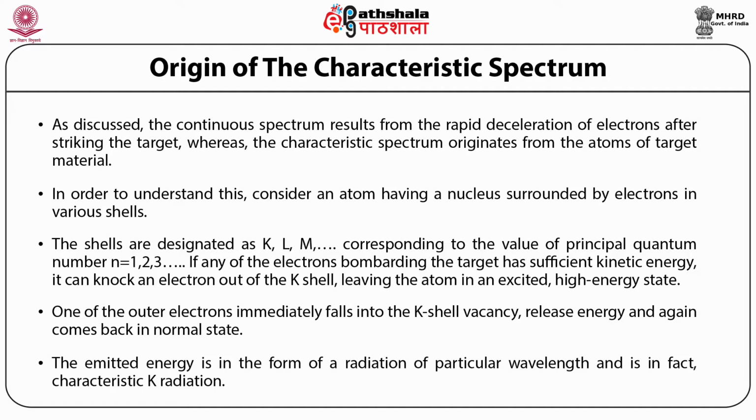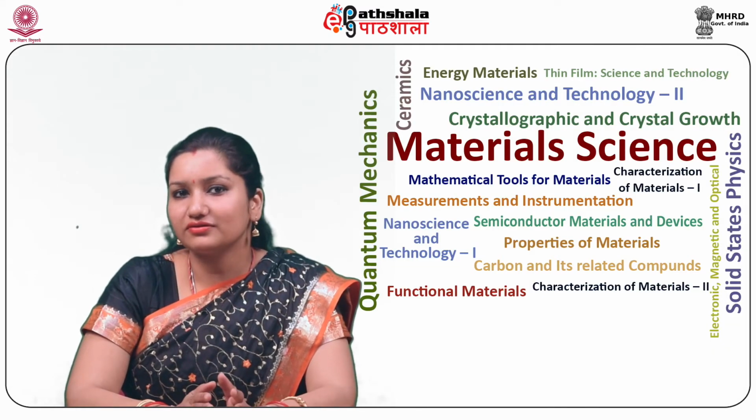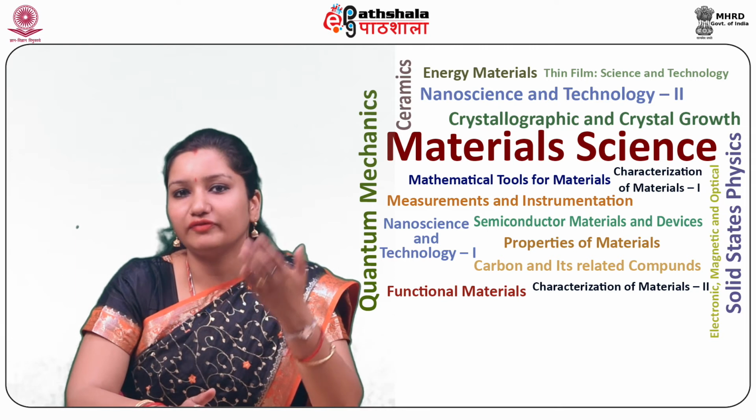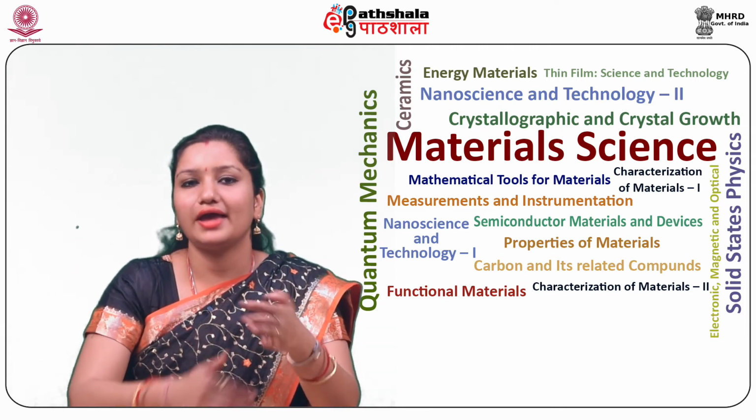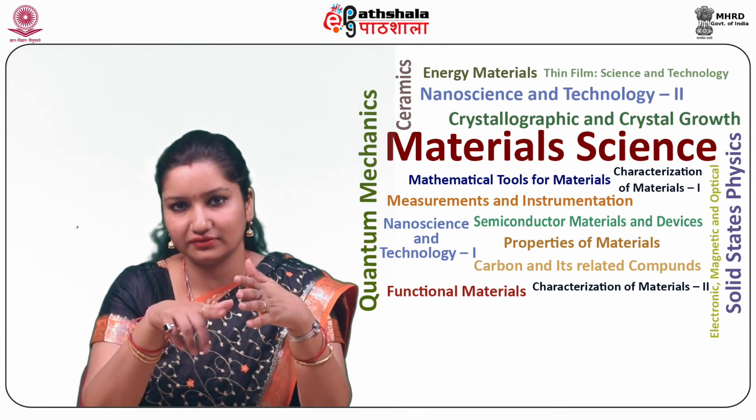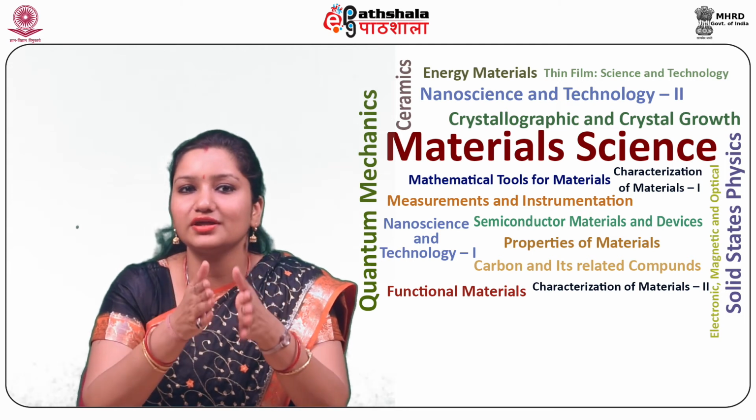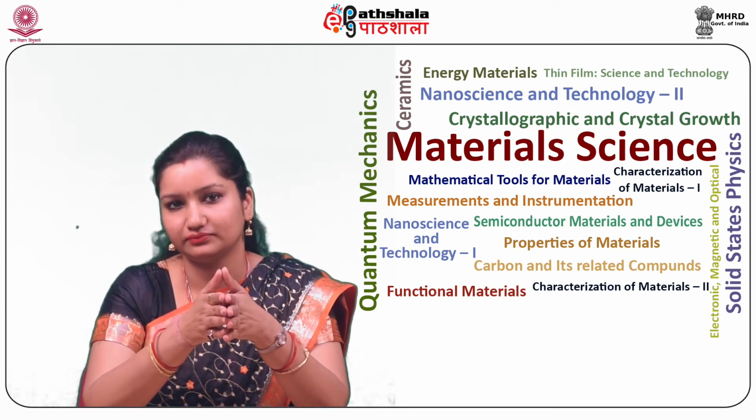The emitted energy is in the form of radiation of particular wavelength and is in fact characteristic K radiation. The K shell vacancy may be filled by an electron lying in any of the outer shells, giving rise to a series of K lines.